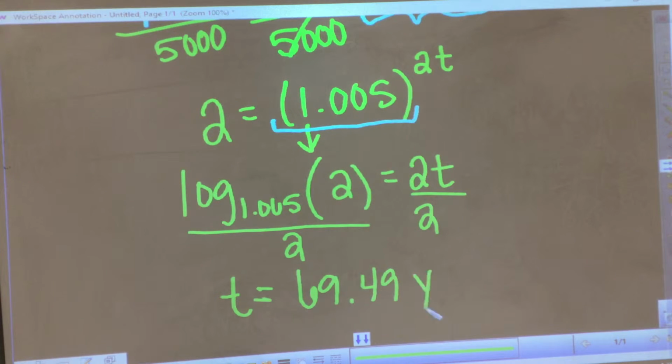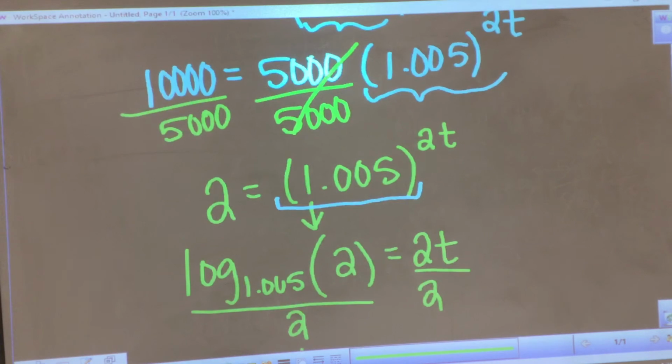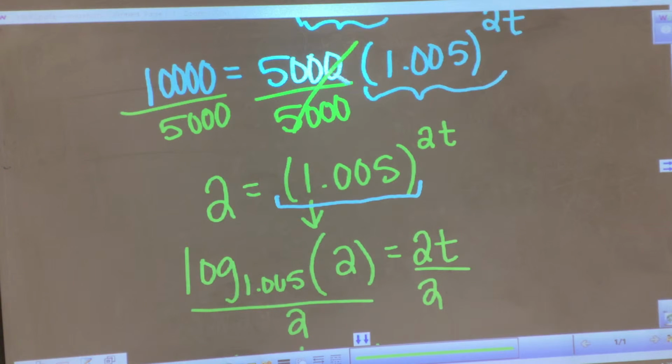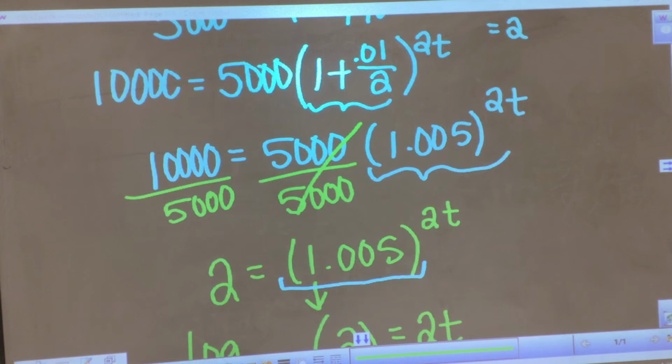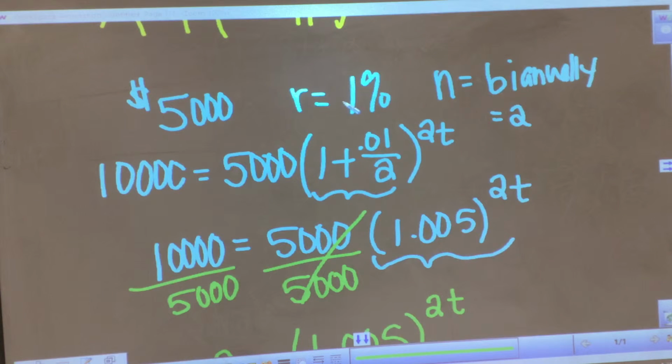So that's how many years it would take us to get $10,000 if we started with 5,000 and grew at a rate of 1% compounded biannually.